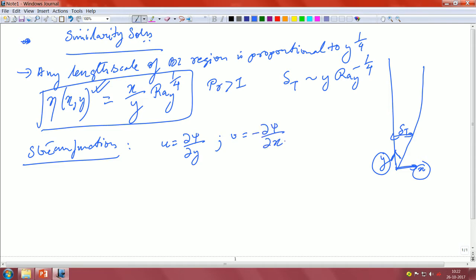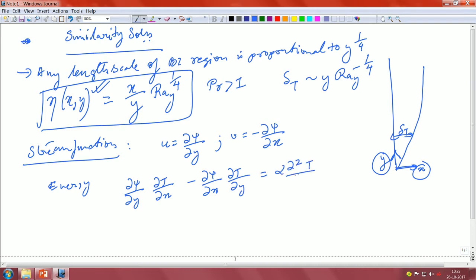Okay. So, the equations become, so let us cast the energy equation. d psi dy dT dx minus d psi dx dT dy is equal to alpha d square T dx square.